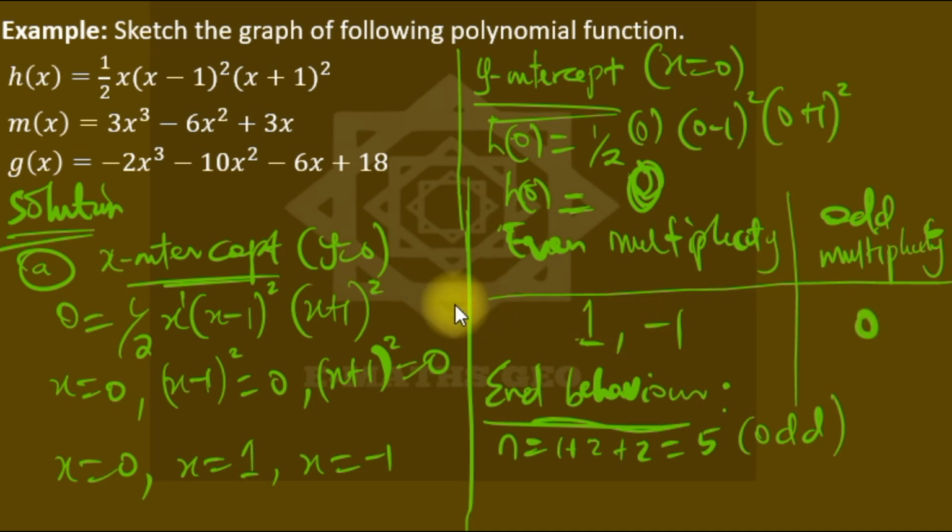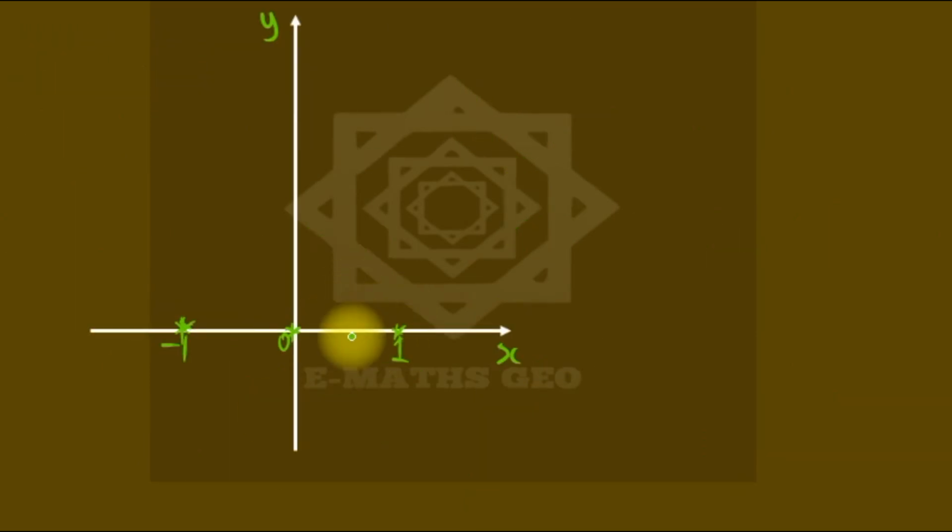It must cross here, but it will touch at this point. It won't cross. It either goes this way or that way, but for now we don't know.